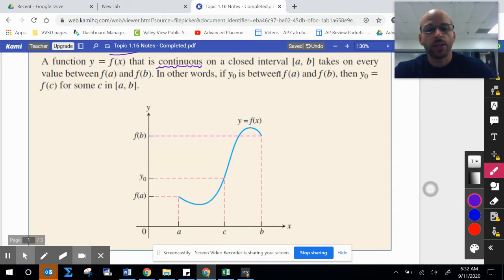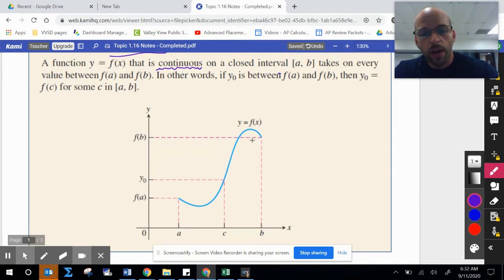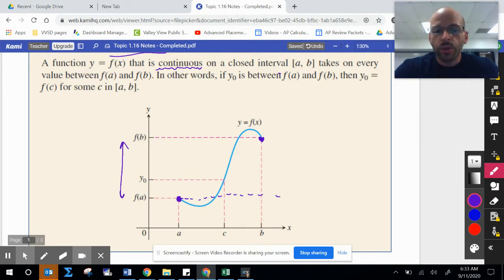But if you have a continuous function like what's shown, so if I have a function at A and I have a function at B, I know it's going to pass through every y value. It's guaranteed to pass through every y value from f of A to f of B. I know it's got to go through every single one.